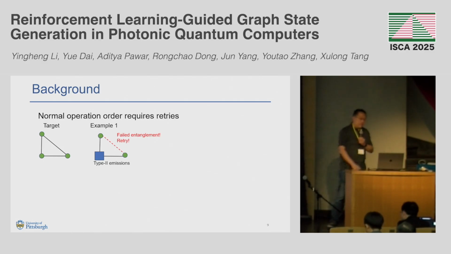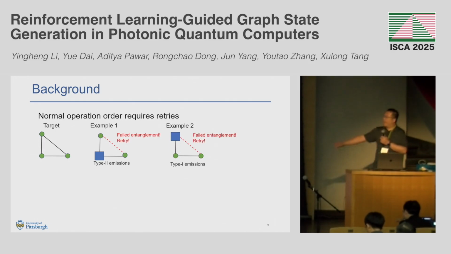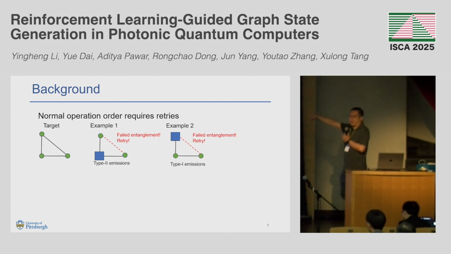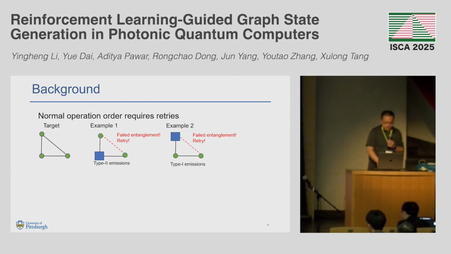So this failed, and we have to try again. So in this attempt, let's do type 1 emission here. It's like linearly popping out the photons. And again, when we end up with this kind of shape, there is no way to entangle that emitter with the photon. So we have to retry again. So using this kind of normal operation order, we end up with a lot of retries.